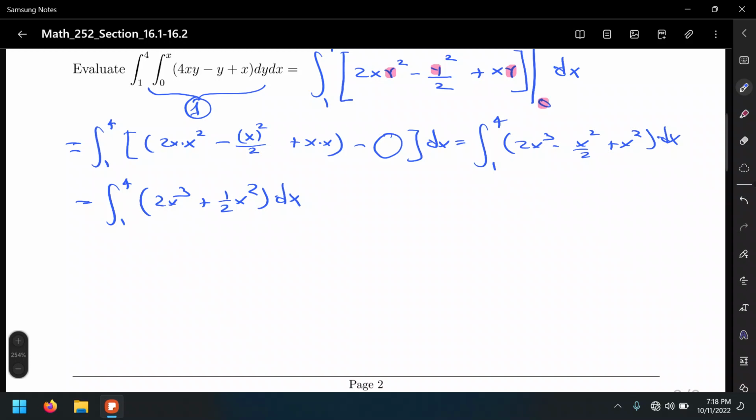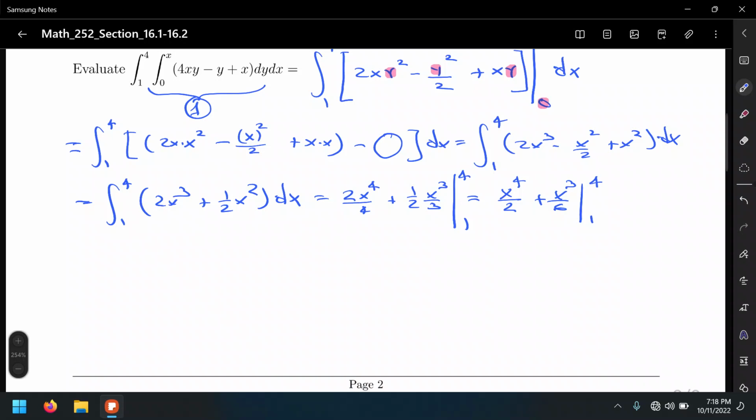So let's go ahead and simplify and integrate this. That's 2x to the 4th over 4 plus 1/2 x cubed over 3, evaluated from 1 to 4. So 2 over 4 reduces to 1/2, and 1/2 times 1/3 reduces to 1/6. Let me do x to the 4th over 2 plus x cubed over 6 from 1 to 4.